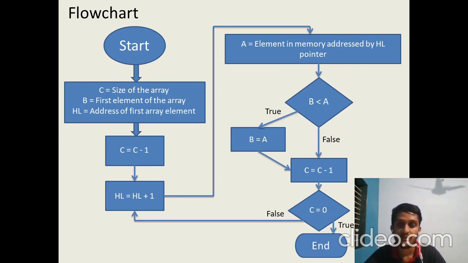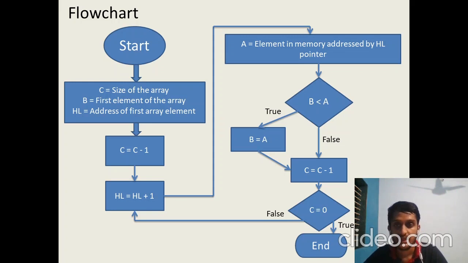Now we will use the HL register pair as a pointer so that we can navigate through the array elements, and we will be using register C as a counter. When we iterate through all the elements, this counter C would tell us how many more elements are yet to be iterated over.